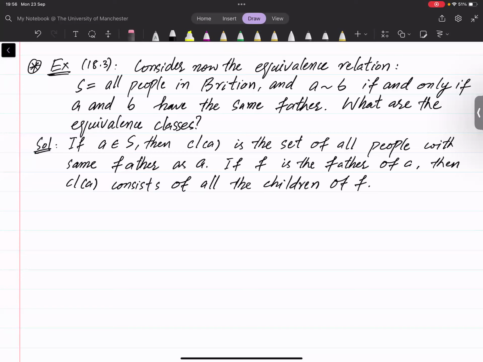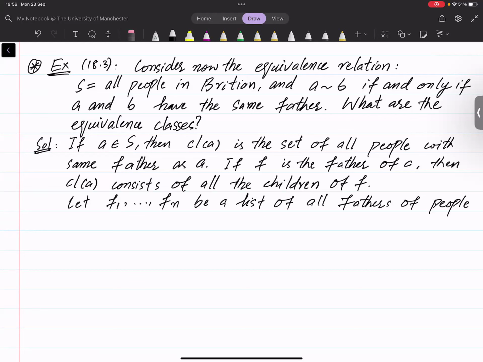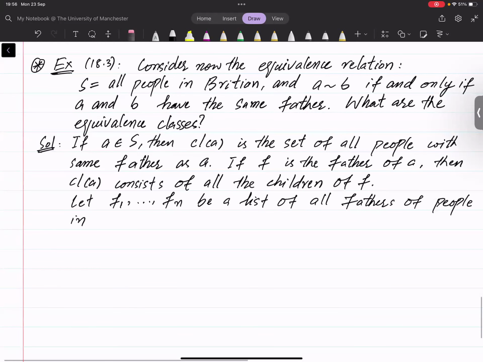So one way of listing all the equivalence classes is as follows. Let F1 to Fn be a list of all fathers of people in Britain.